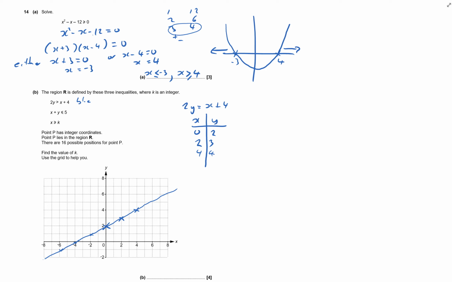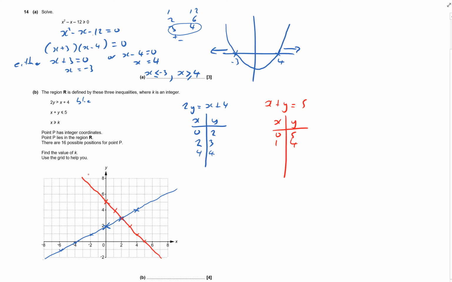And the next one we're going to do in red. So x plus y. I'm going to do equals 5 to start off with, so x in the y table, and we can have 0 and 5, that's there, or 1 and 4, and that means it's going to put all these points in here, so that will be like so.